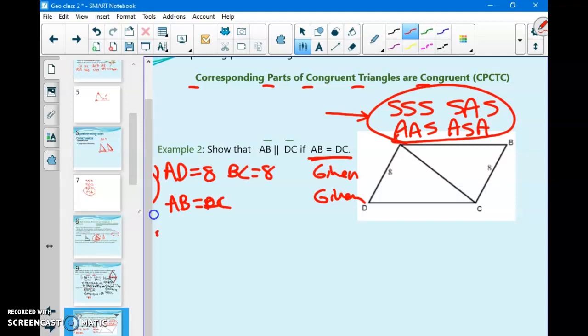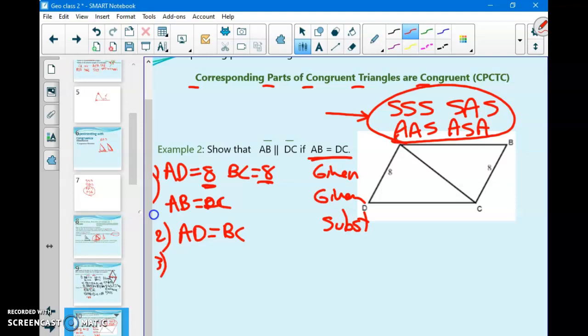So I know that if these both equal 8, that AD equals BC. That's our substitution that we used before. And we know that if they're equal, we can also call them congruent.